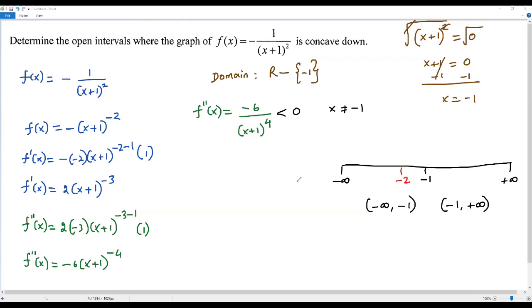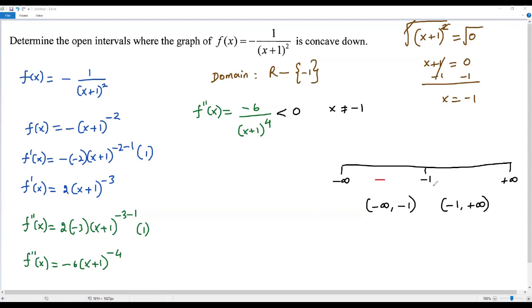When I plug x equals negative 2 into the second derivative, it will again be negative, as we already discussed: negative 2 + 1 becomes negative 1, negative 1 to the fourth power is positive, and a negative value divided by a positive value is always negative. So the second derivative is negative in this interval, negative infinity comma negative 1, so the graph of the given function f of x is concave down.